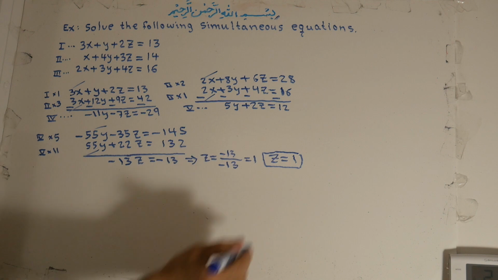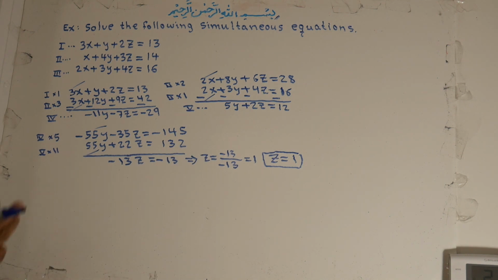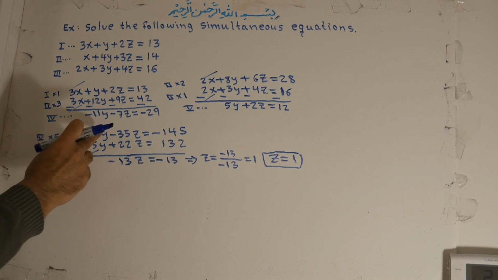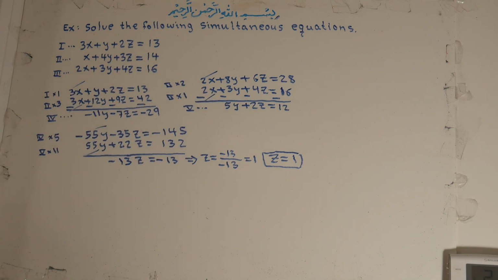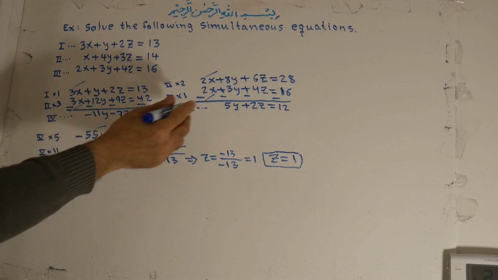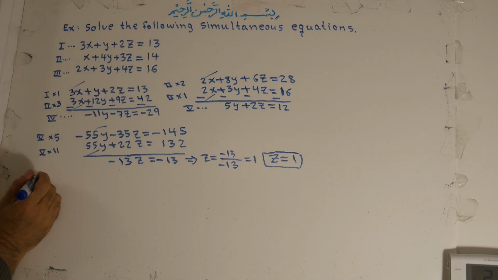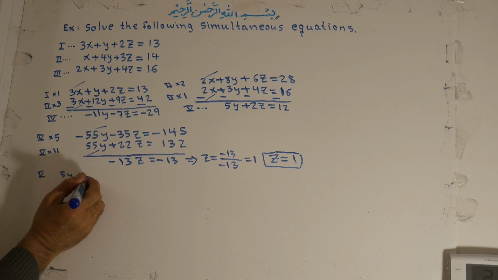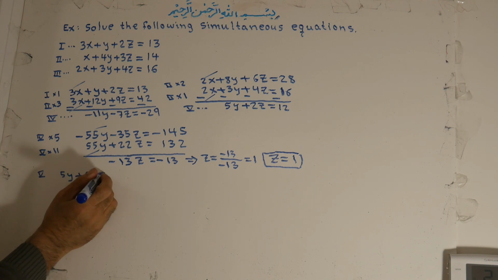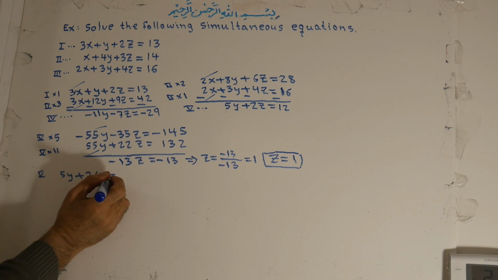Now we plug the value of z in one of these equations, for example here or here or anywhere. In equation number 5, 5y plus 2z, instead of z, the value of z, that is 1, is equal to 12.